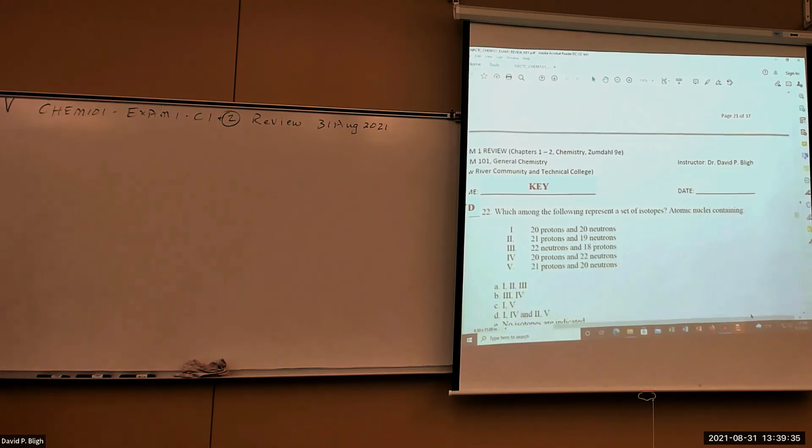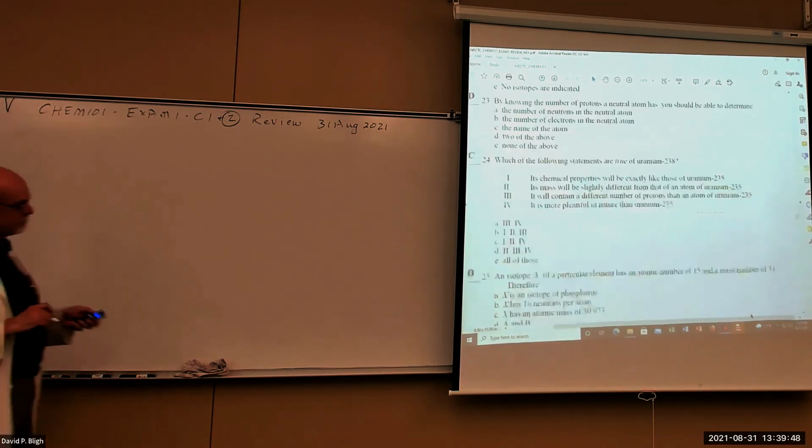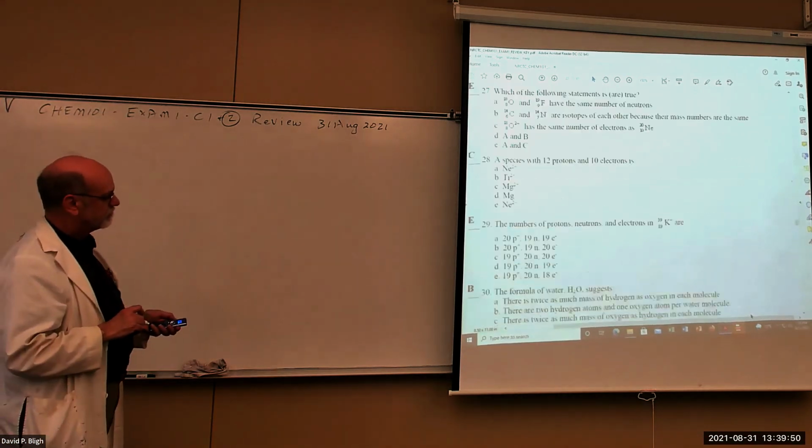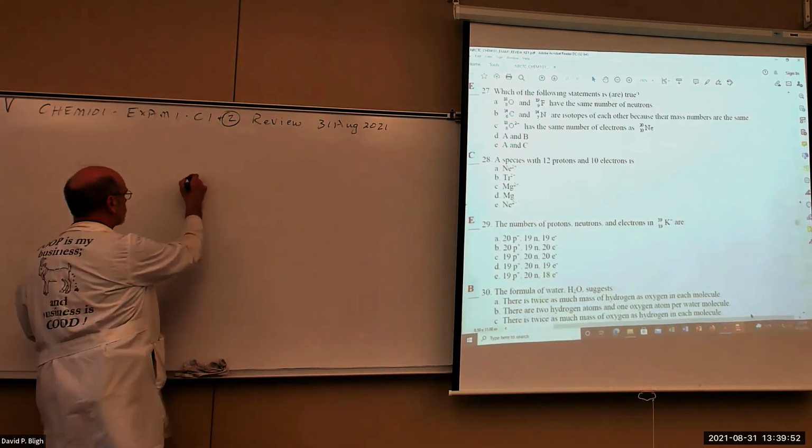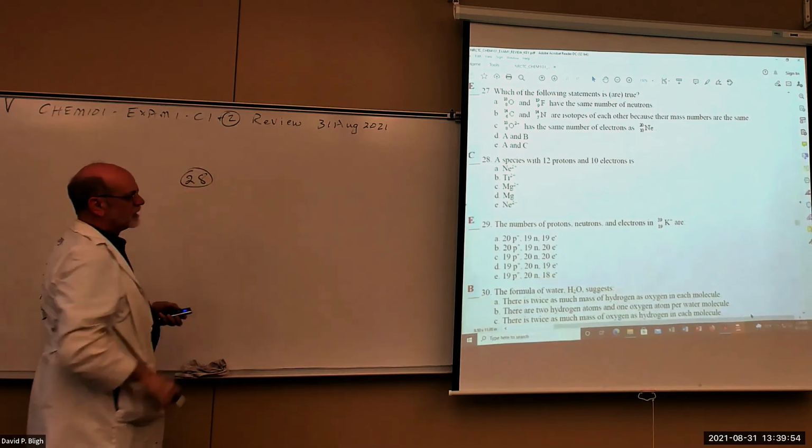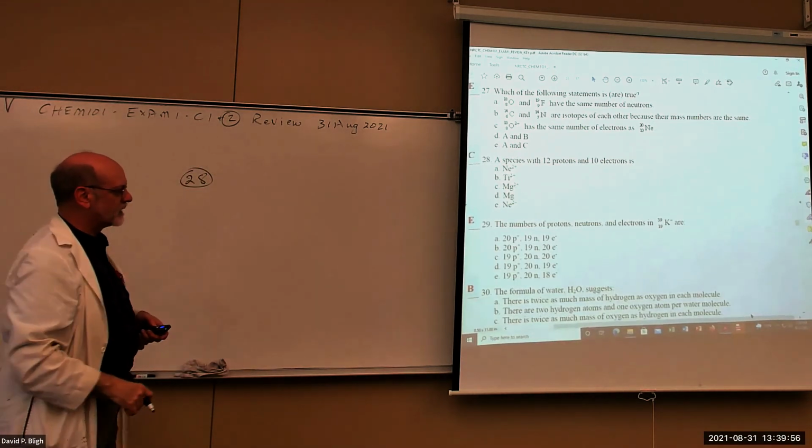Okay, 22. Let's see, skip down to 28. How to calculate an ion? There, 28. So a species with 12 protons and 10 electrons.